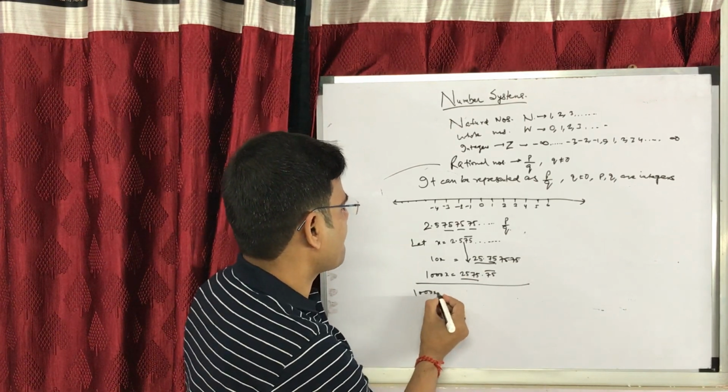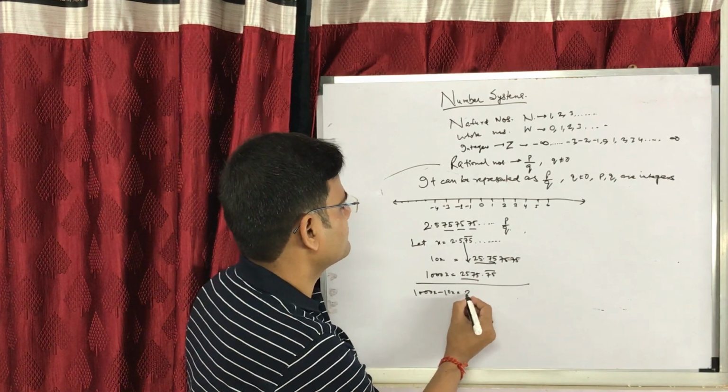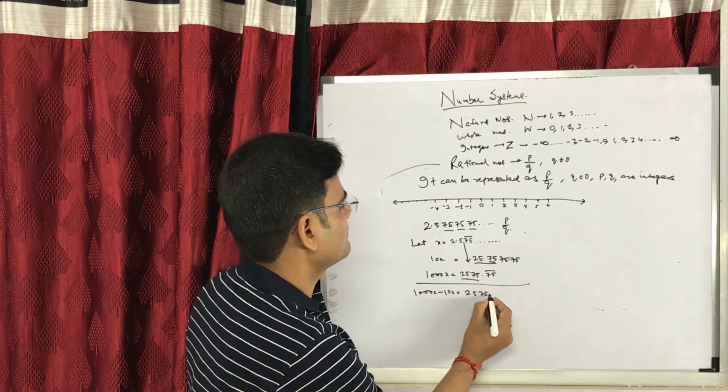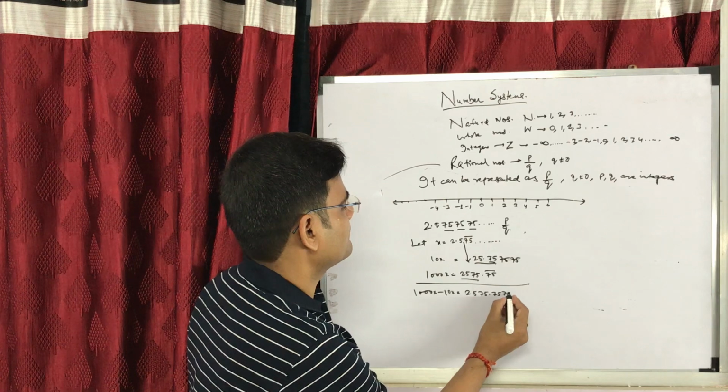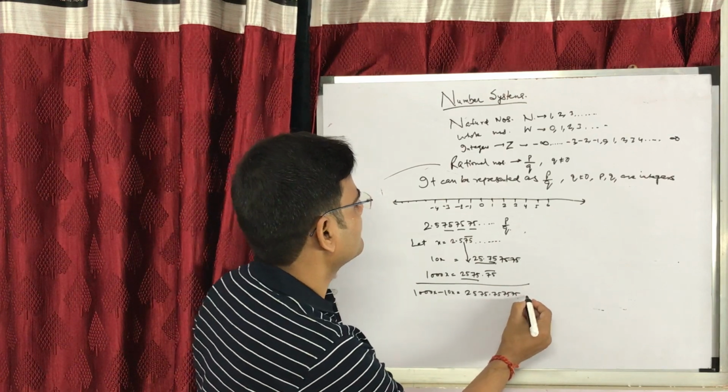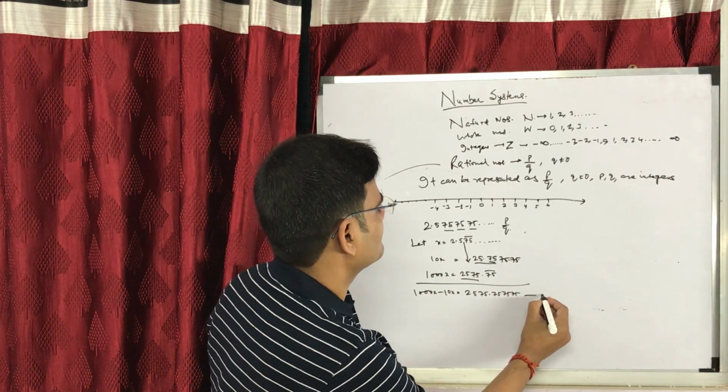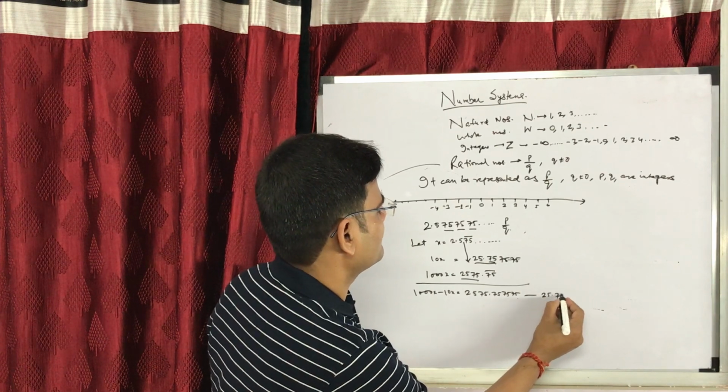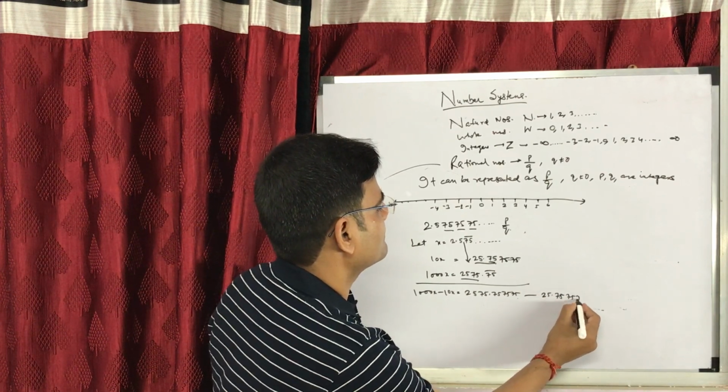1000x minus 10x is 2575.757575 minus 25.757575.